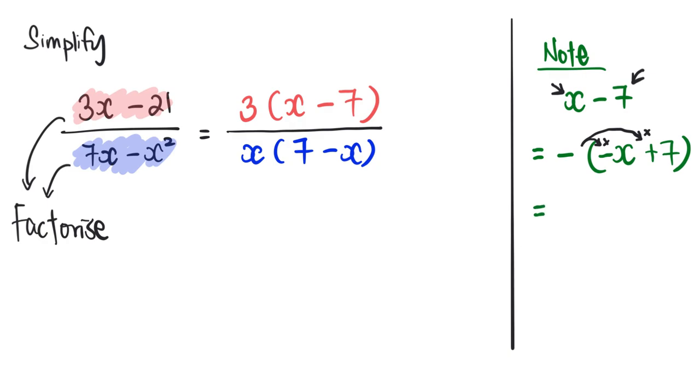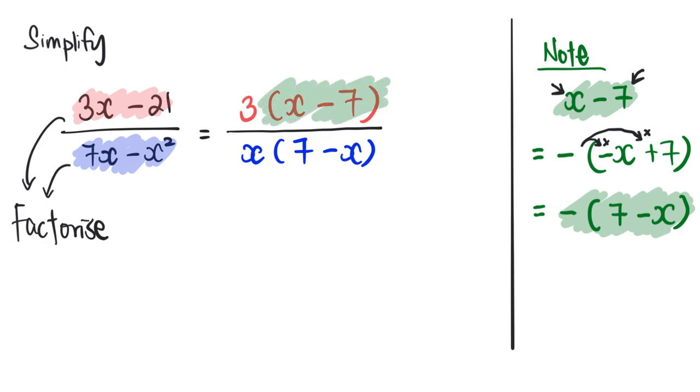And at this stage, I can write the positive 7 in front, the negative x behind. And I realized something. This is something that I could do. I could actually rewrite x minus 7 as negative (7 minus x), which is what I am going to do now. Okay? So you will see a negative in front, the 3 is still there.